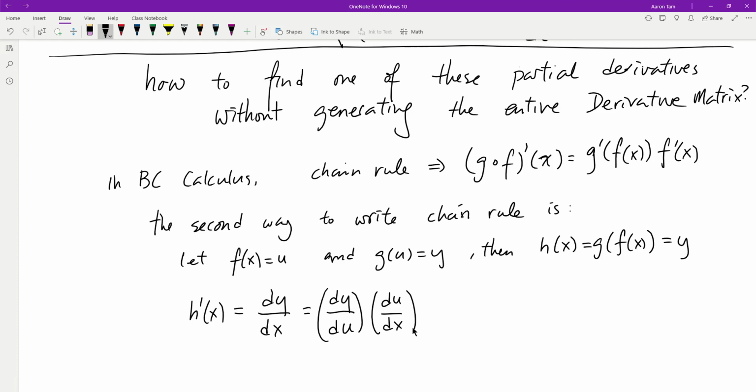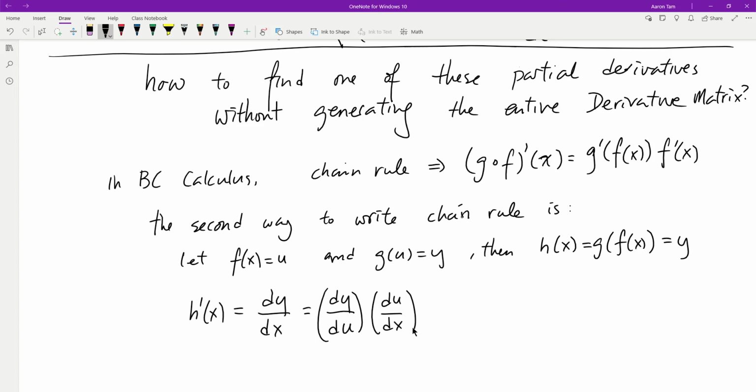So if I combine those two changes together, I will now know how x changes y. So if you read this, you have to read it from right to left, and from bottom to up. First, you read du over dx, which means how x changes u. And then you read dy over du, which is how u changes y. So therefore, in this case, you can now identify how x changes y through u.